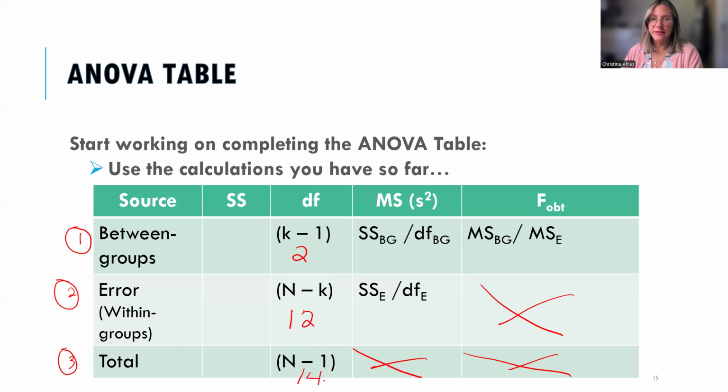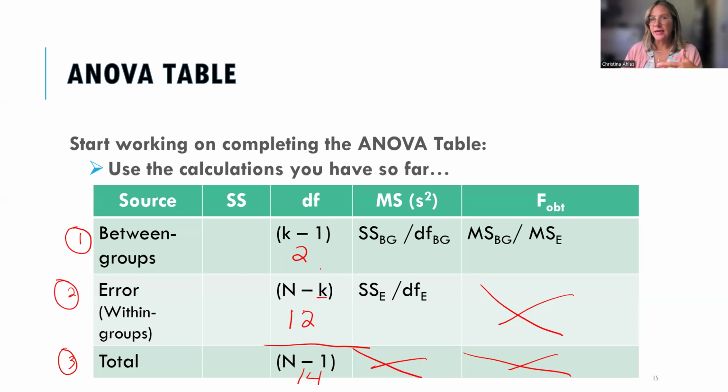That's 14. If you notice, 12 plus 2 is 14. So if you don't get 14 by 12 plus 2, you probably accidentally put the degrees of freedom in the wrong place. So it's a way for you to tell if you're doing some additions that are wrong.